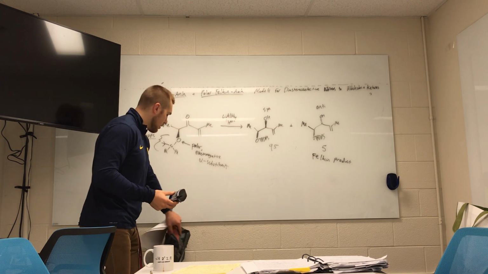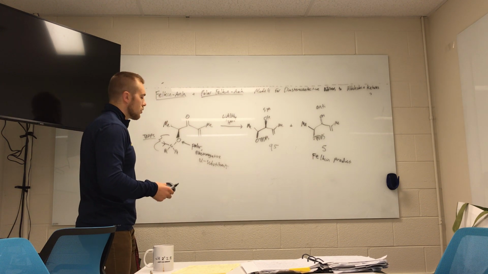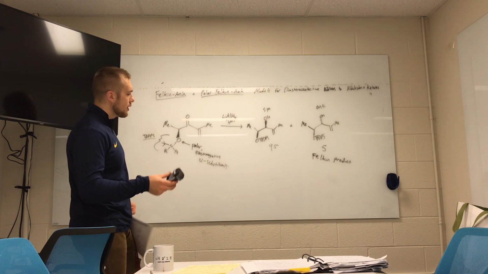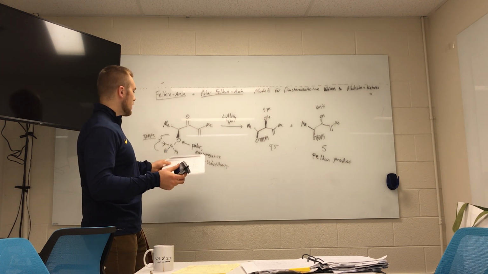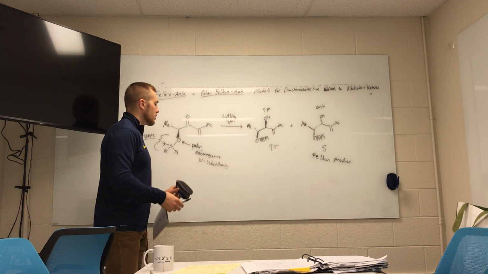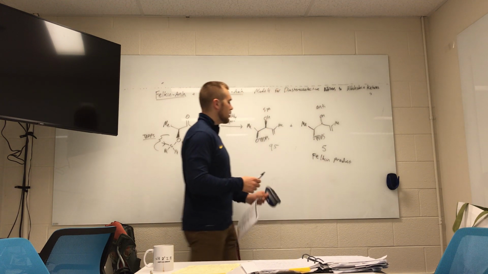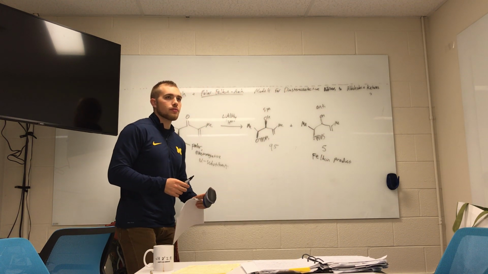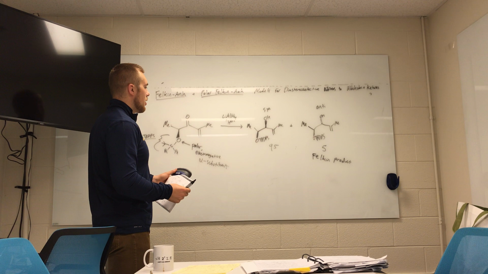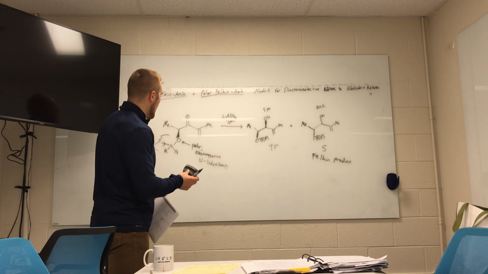So things like oxygen, nitrogen, sulfur, chlorines, fluorines, things that are very polar and electronegative are going to give you the opposite selectivity from your Felkin product. And what we have to do then, with our model, is account for why this is the case.